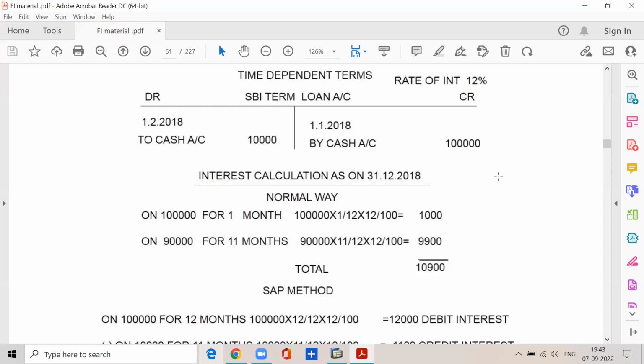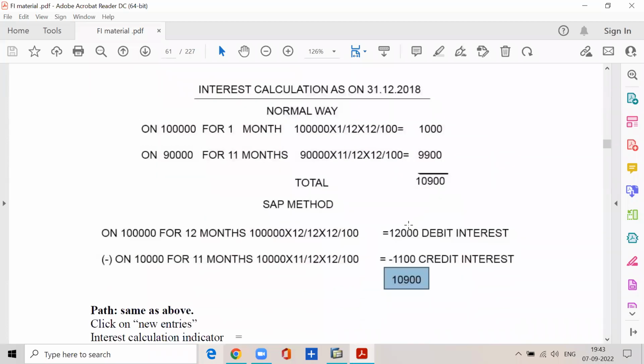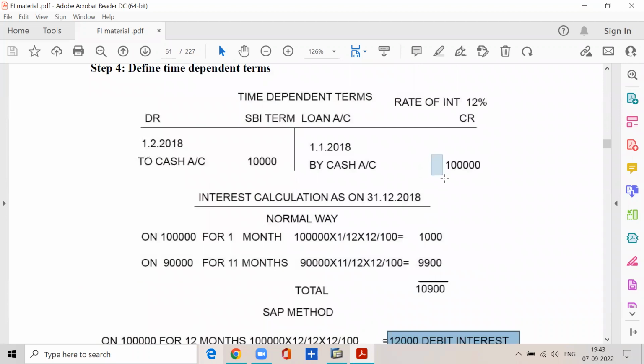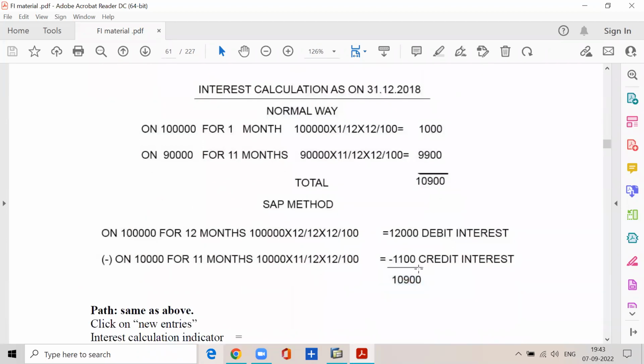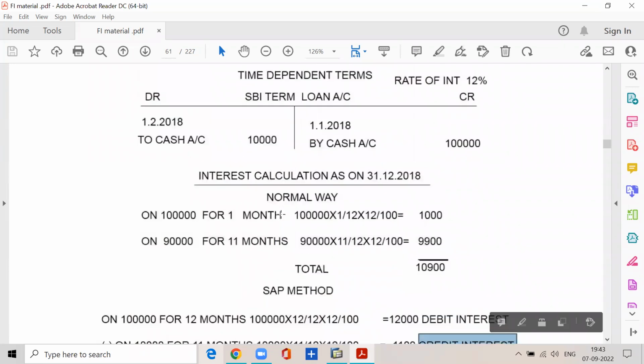That's why we have the facility to apply a separate rate of interest on debit items and credit items. Right? So if that is the case, on the debit interest, that means interest on credit items, we can use 12%. Then on the credit interest, that is interest on debit items, we can use a different rate.